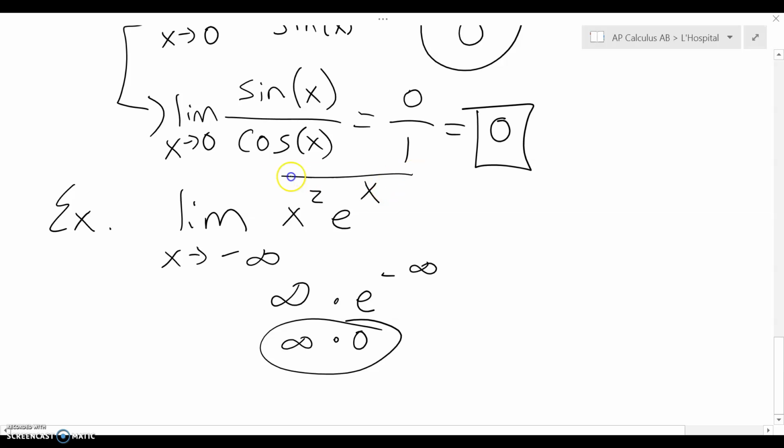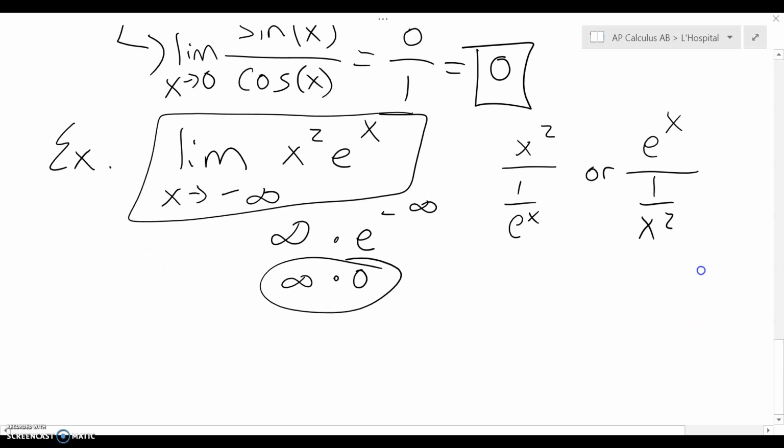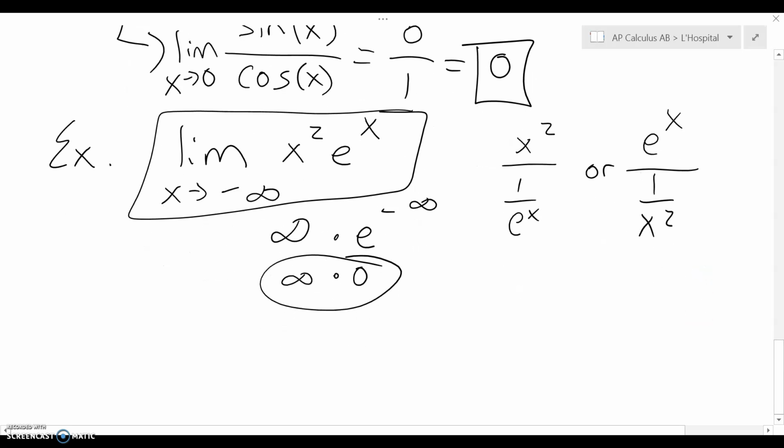So we need to rewrite this thing as a fraction. And we can either write it as x squared over 1 over e to the x, or we can write it as e to the x over 1 over x squared, and then apply the limit. Not all derivatives are made the same. Some of these are easier to take than others, and I'm actually going to use this one. And this takes some trial and error as to which limit makes sense to use.